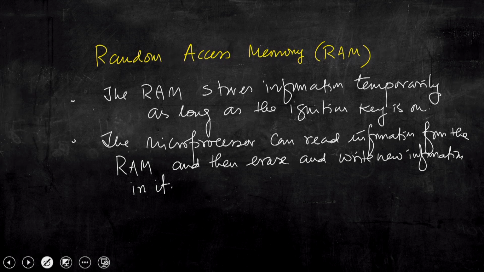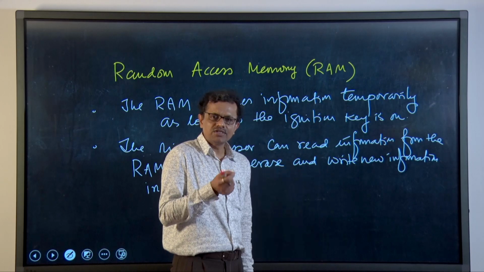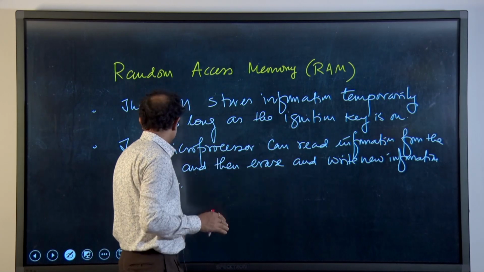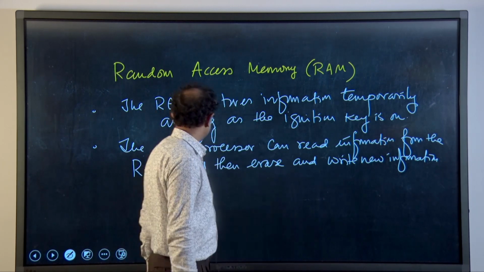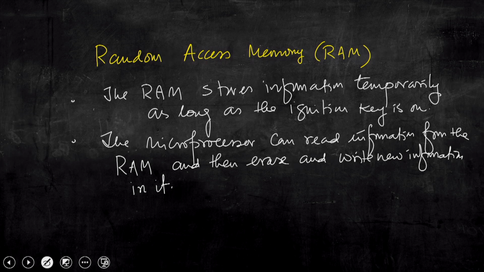So, basically RAM will store information temporarily as long as the ignition key is on, and the microprocessor can read information from the RAM and then erase and write new information. So, that is how it works. Okay.